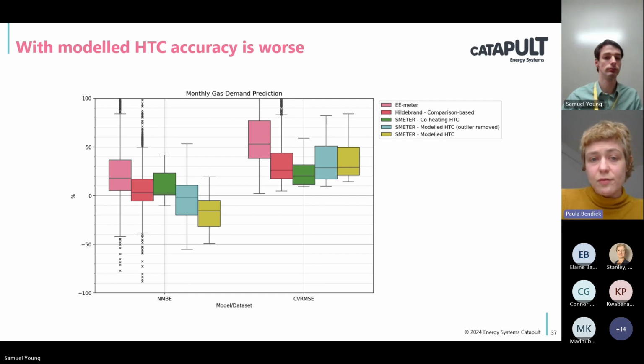But in general, if we use the outlier adjusted HTC estimation, our model is now slightly under predicting, but it's not very biased. Whereas if we don't adjust for the outliers, our model is quite significantly underestimating. So very biased.